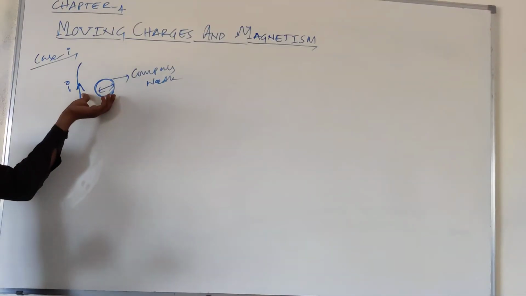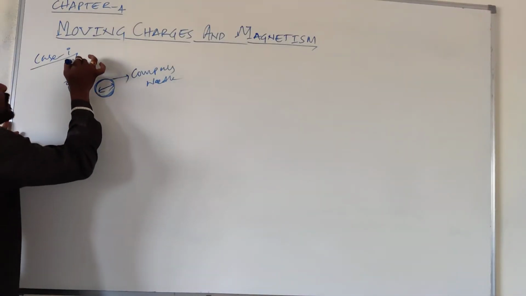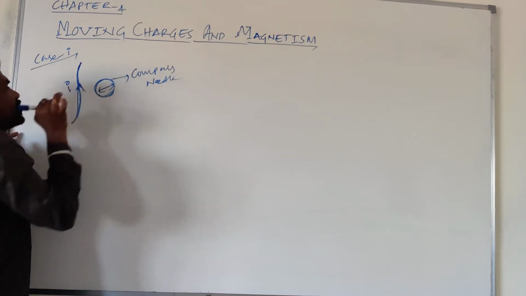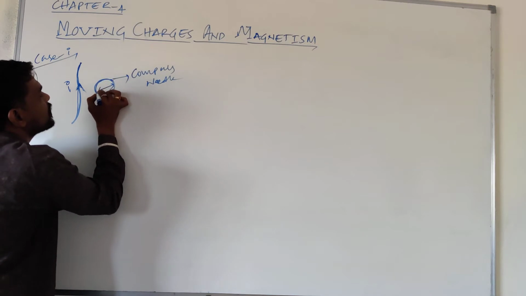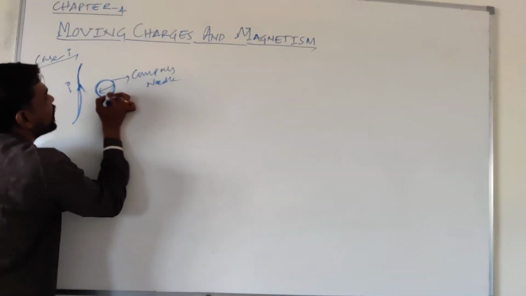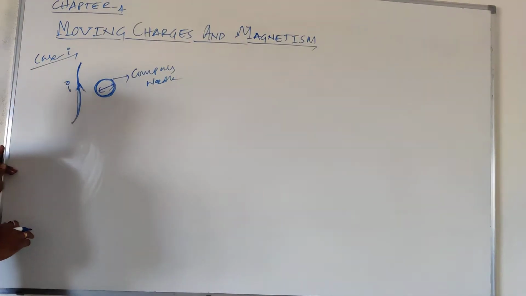So in the first case, when the current flows in this direction, the compass shows a deflection like this, the compass needle deflects.